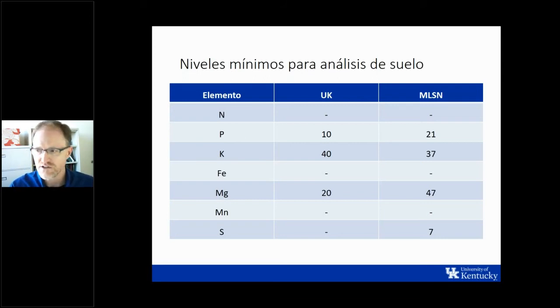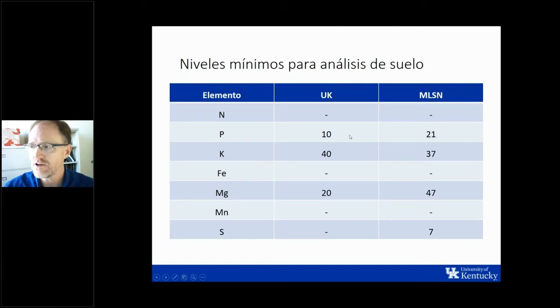However, on a scientific level, these values that we're using here, which you'll notice are very similar to the MLSN, have been properly documented and scientifically scrutinized and published. They're not exact. I can't be 100% confident that these are exactly the numbers that you need to go by. So until we have a lot more data, I'm not going to be that confident in those interpretations. But it's the best we have to go on.